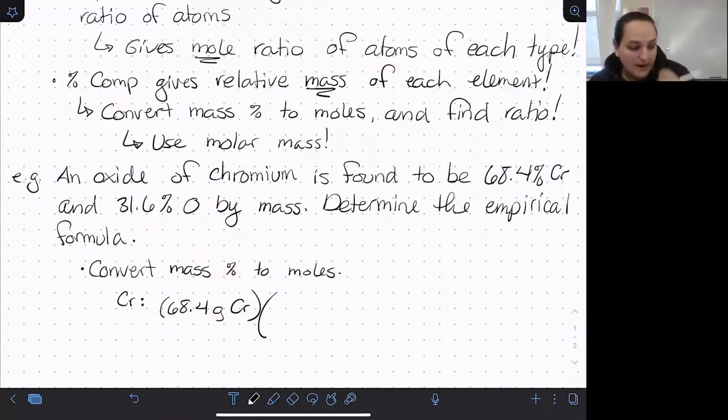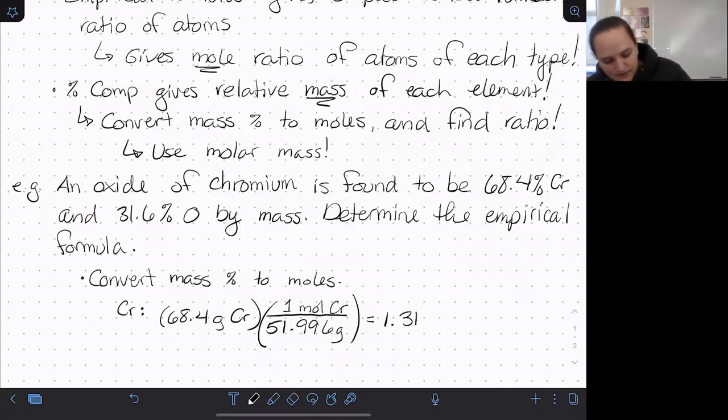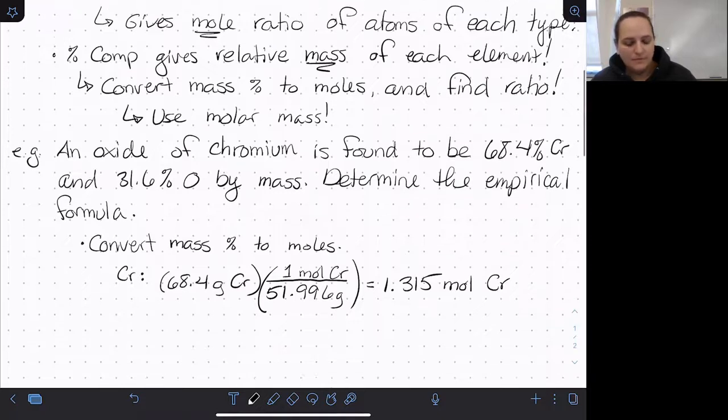We need the molar mass of chromium from the periodic table, which is 51.996 grams, equivalent to 1 mole of chromium. That tells us that in that hypothetical 100-gram sample, we would have 1.315 moles of chromium.